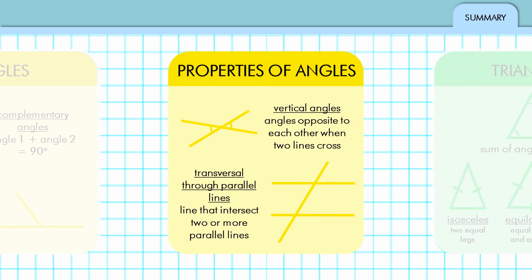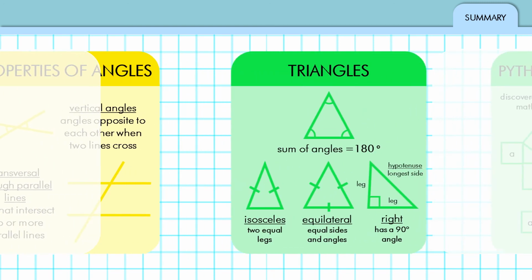We also had the properties of angles, the vertical angles that are opposite and actually equal to one another when 2 lines intersect, and corresponding angles formed by transversals cutting through parallel lines are congruent.